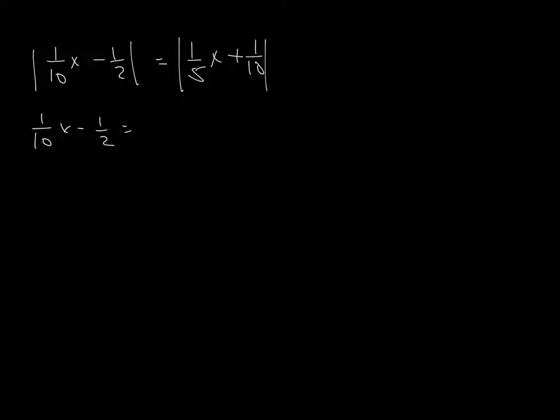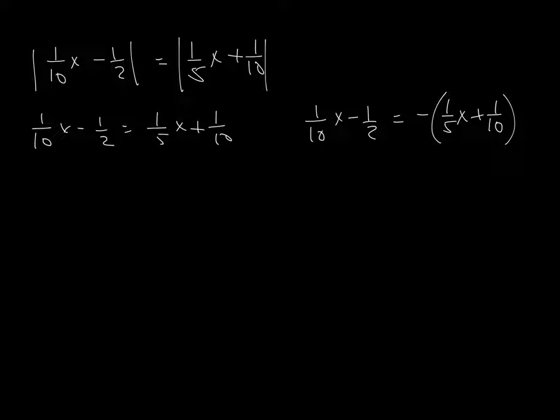And when you do that, you end up with two problems. So the left side stays the same, and the other side changes to its opposite. Okay, so let's do this one.